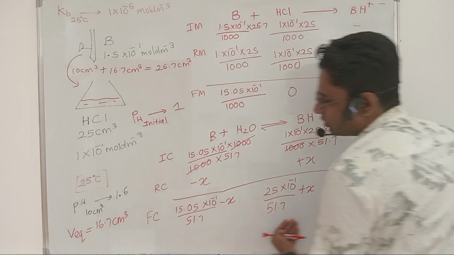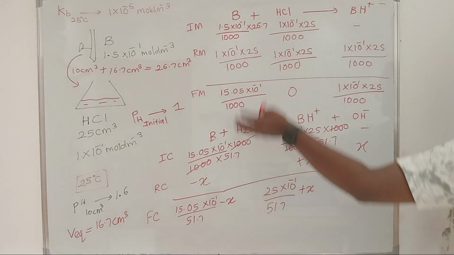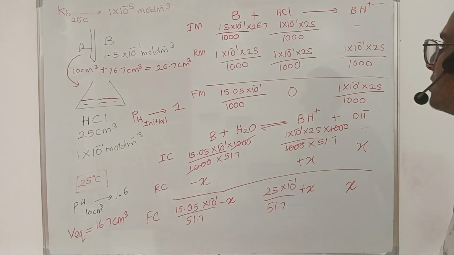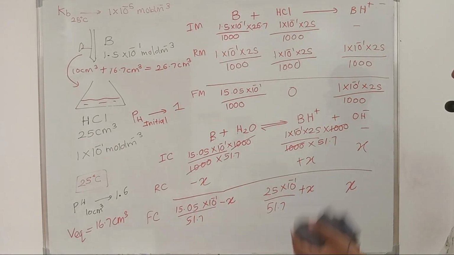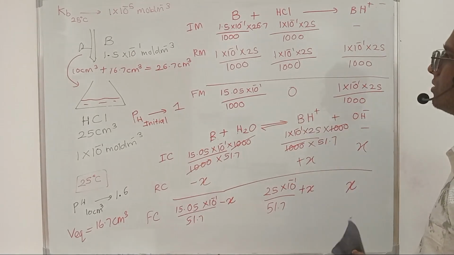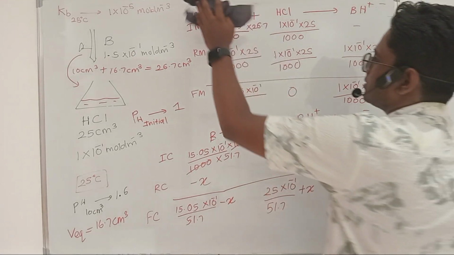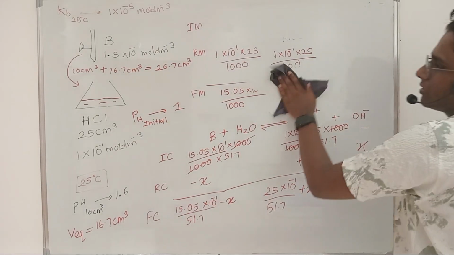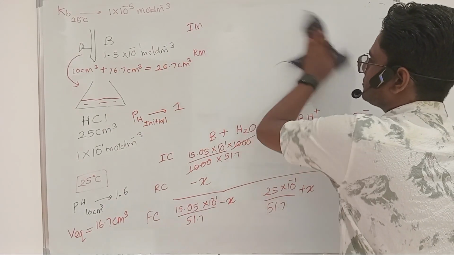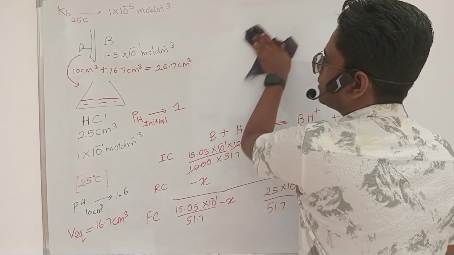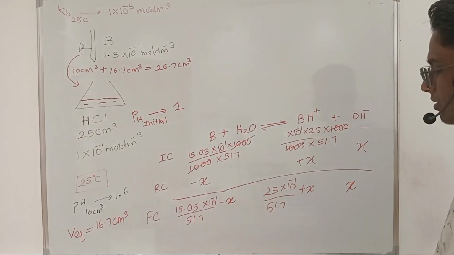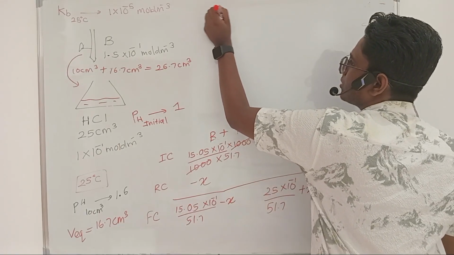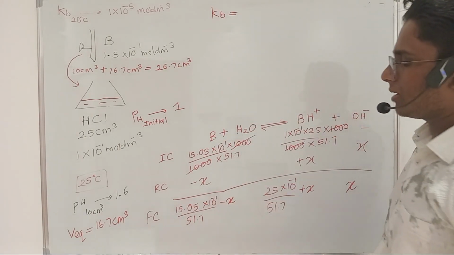So now what you have to do, using these values, you have to substitute in the Kb expression, and you can find the concentration of OH minus, right? Let me erase this. So I have to write the Kb value.